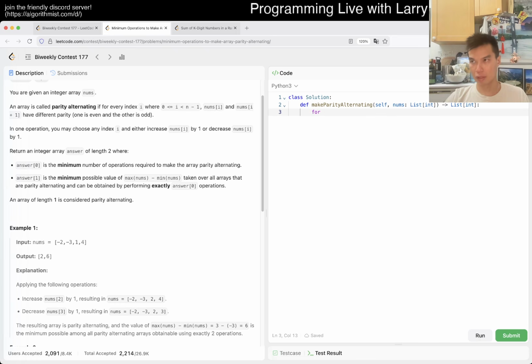No, not even binary search. This is an annoying one. I don't think it's hard, but it is annoying, I think. Maybe. I don't know. Let's actually come.